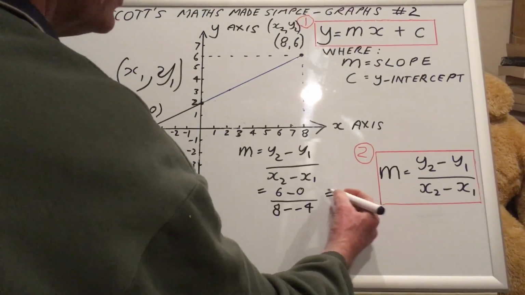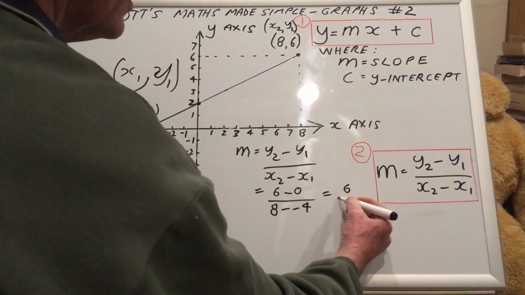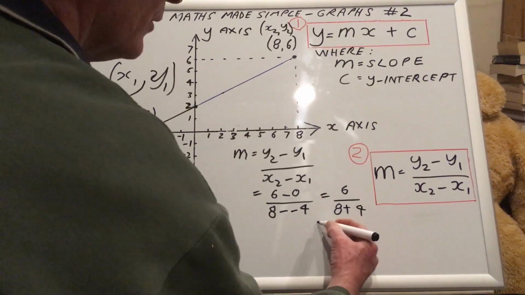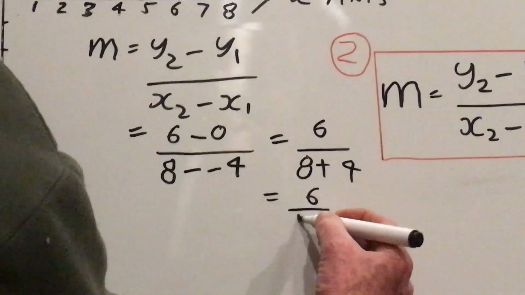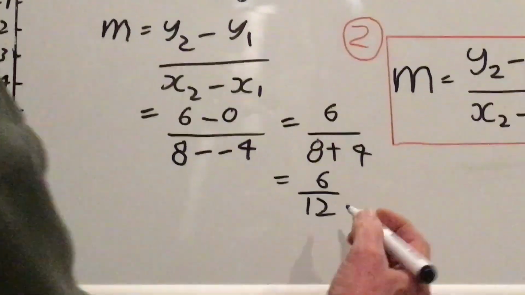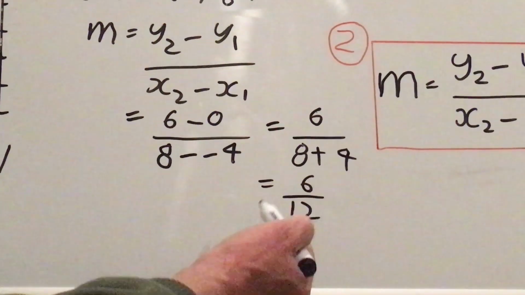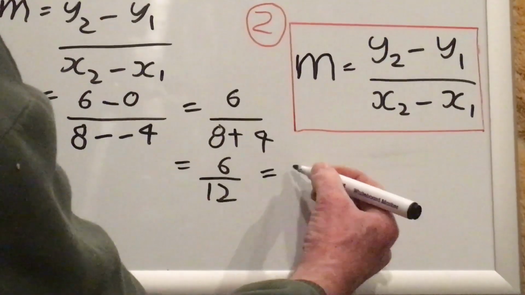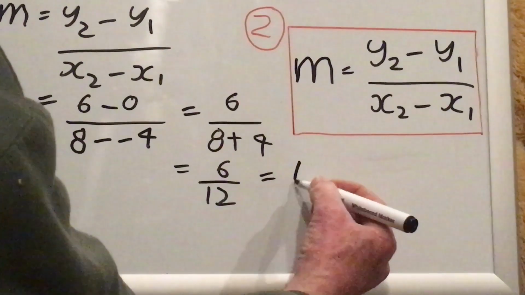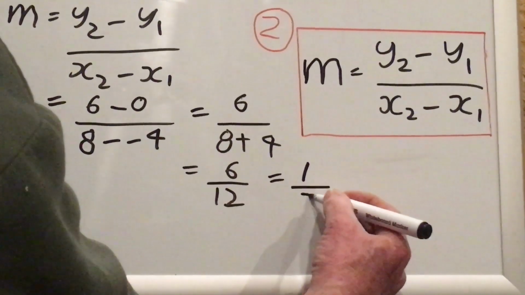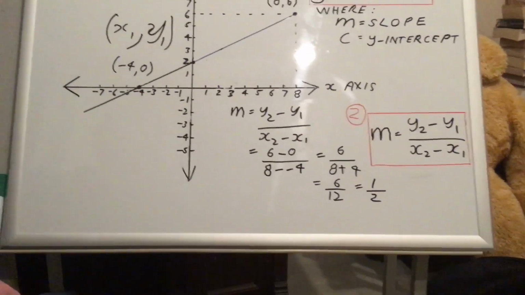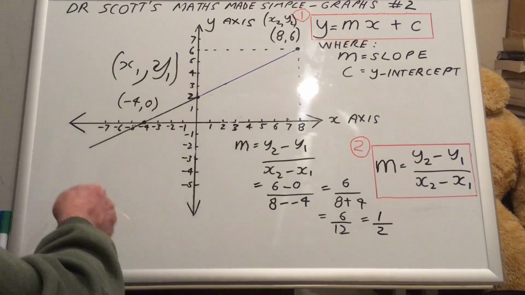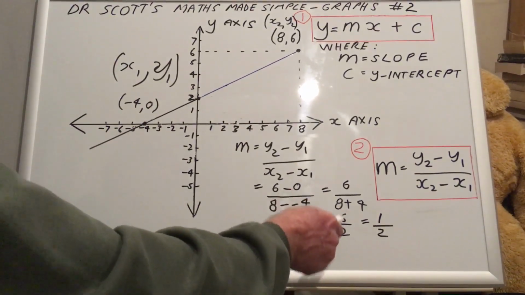So that equals 6 minus 0, which is 6, over 8 plus 4, which equals 6 over 12. And you can see that also equals 1/2, because if we divide the top and the bottom by 6, 6 divided by 6 is 1, and 12 divided by 6 is 2. So we get exactly the same answer. The slope of this line remains exactly the same. It's still positive 1/2.